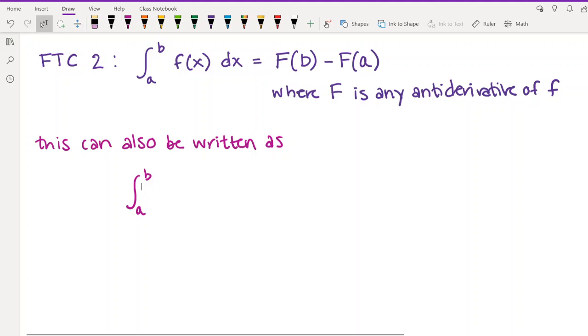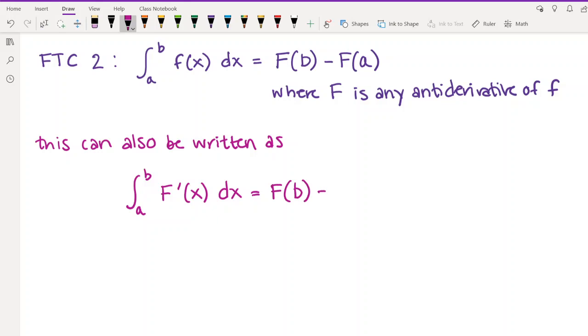So instead of writing little f of x inside, I'm going to write capital F prime. And I'm not really saying much here. All I'm doing is rewriting it just to emphasize the fact that the function on the inside is the derivative, or the rate of change, of the function on the outside.